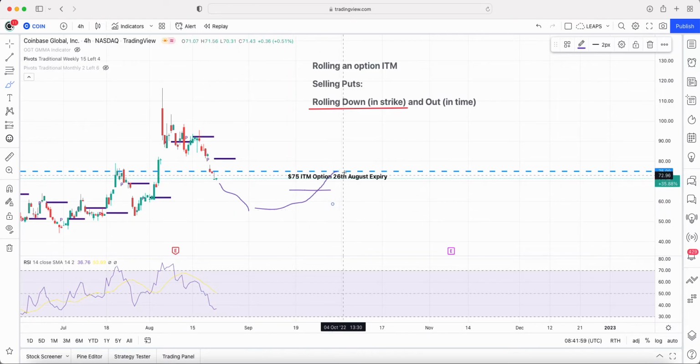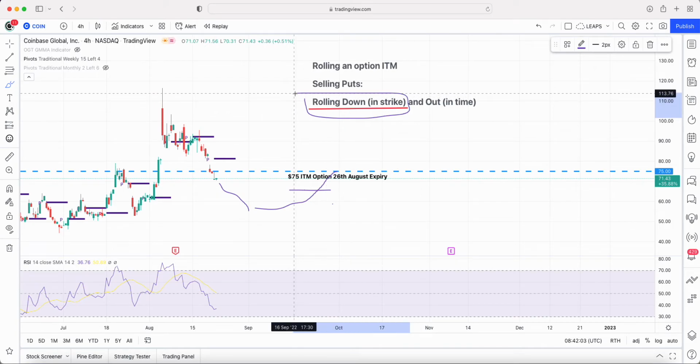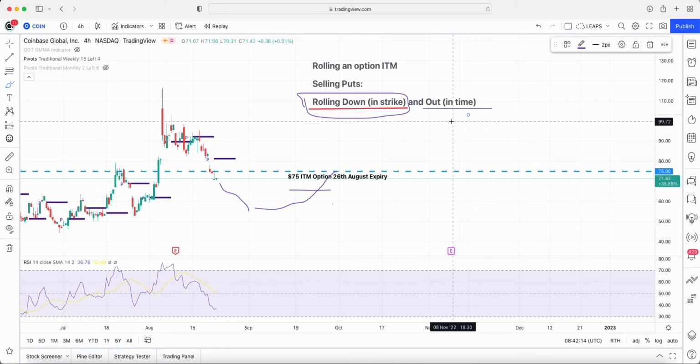So what we want to do is roll down in strike from 70 to 74, 70. It doesn't matter what that number is. The bigger the number, the better. But this will all depend on the second element of rolling out in time. So picking an expiration date that, in my opinion, is close enough to get you a net credit.